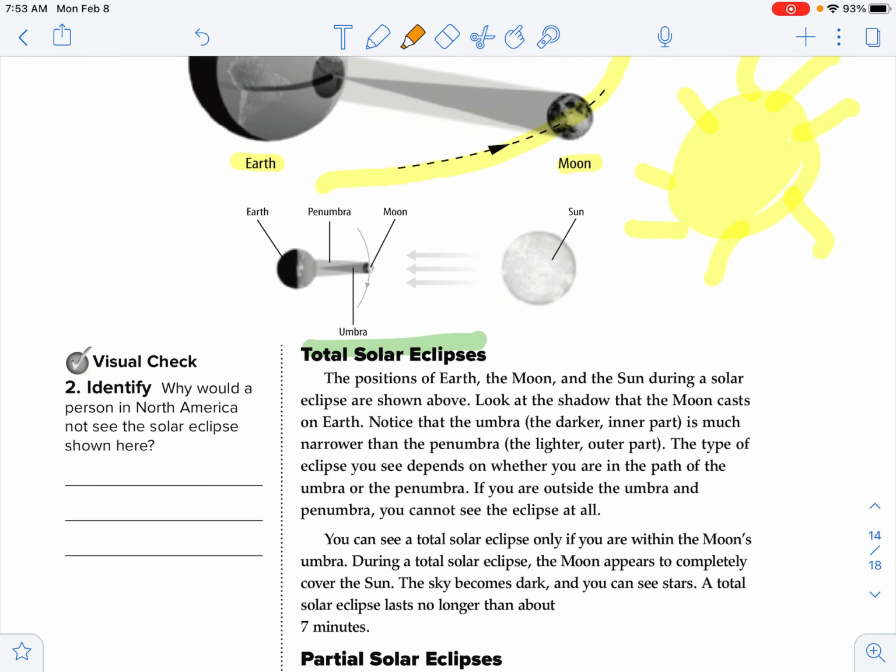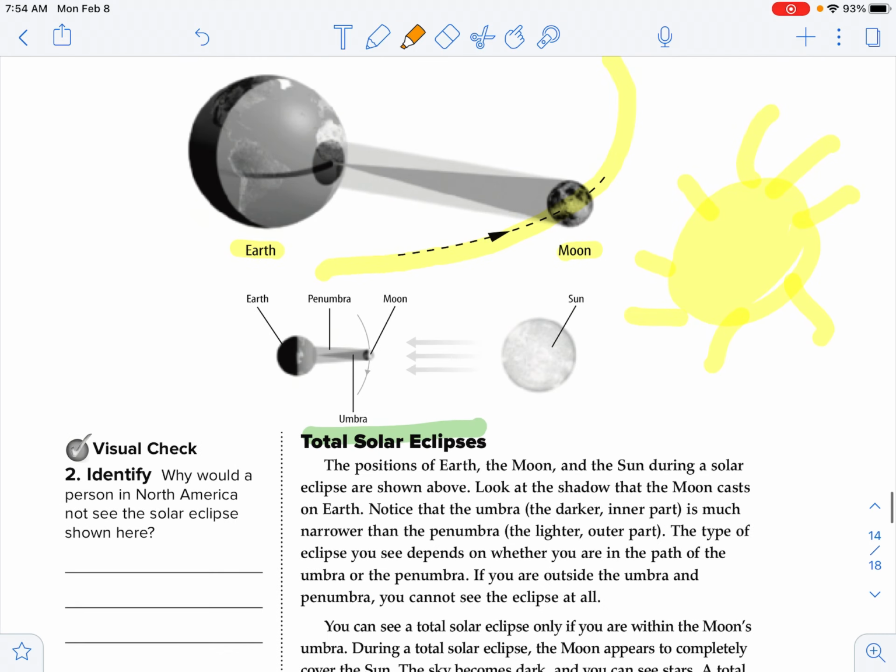The position of Earth, the moon, and the sun during a solar eclipse are shown above. Look at the shadow that the moon casts on Earth. Notice that the umbra, the darkest inner part, is much narrower than the penumbra, the lighter outer part.